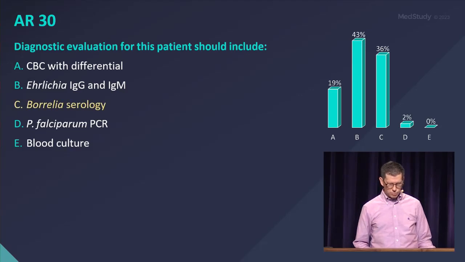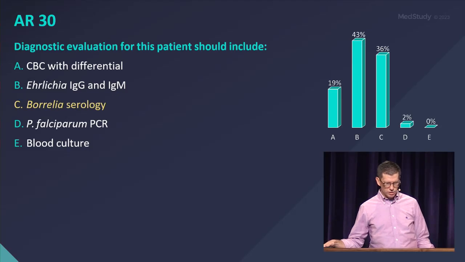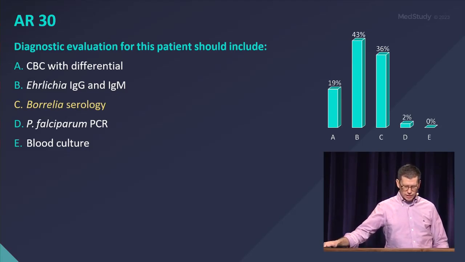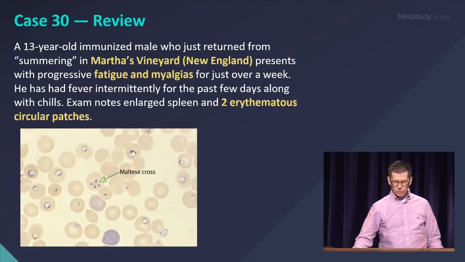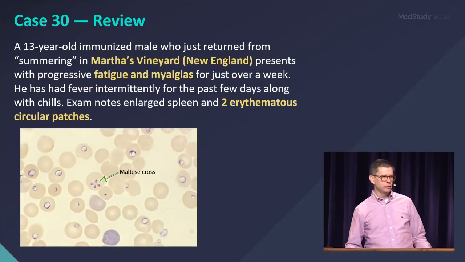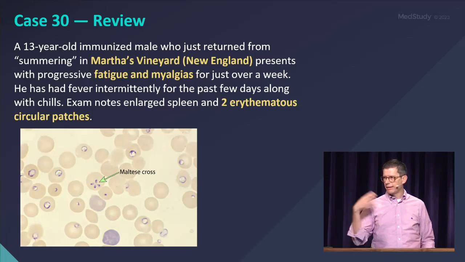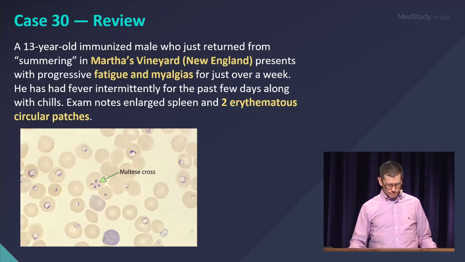All right, so C, Borrelia serology. People thought maybe Ehrlichia as well. So locations are a clue, right? They give you geography. New England is in the northeast, Ehrlichia is going to be in the south, Anaplasma is going to be in the north, in Maine, Minnesota, and Wisconsin, right?